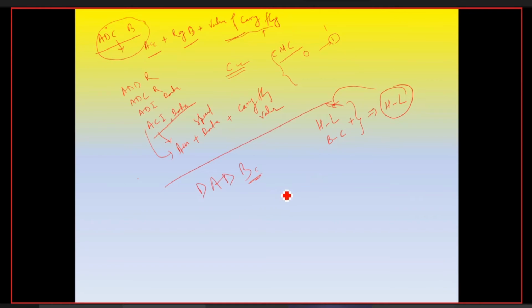Okay, so for example, suppose you have to compare the income of two persons, which is given as a 16-bit number.